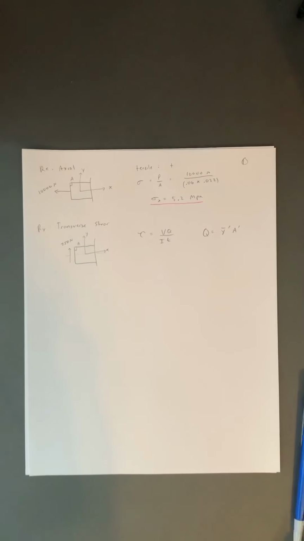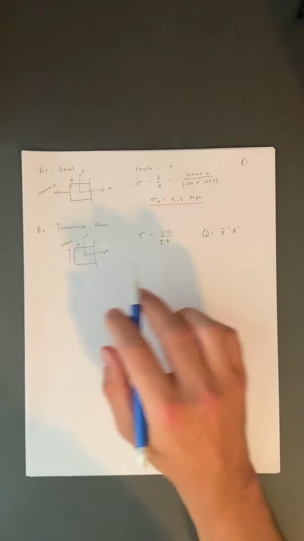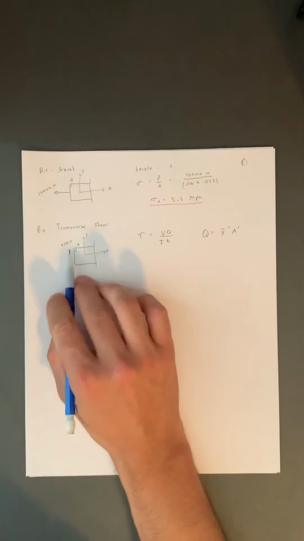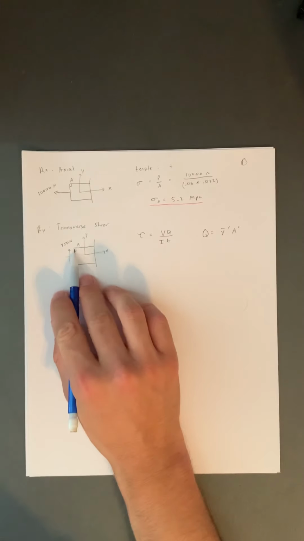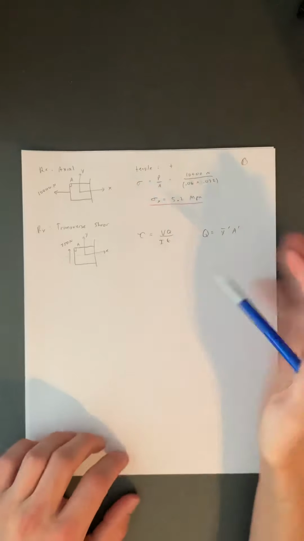Y hat prime is the distance from the neutral axis to the centroid of the area, and A prime is the outermost area, so from the point of interest, it is going to be 0.